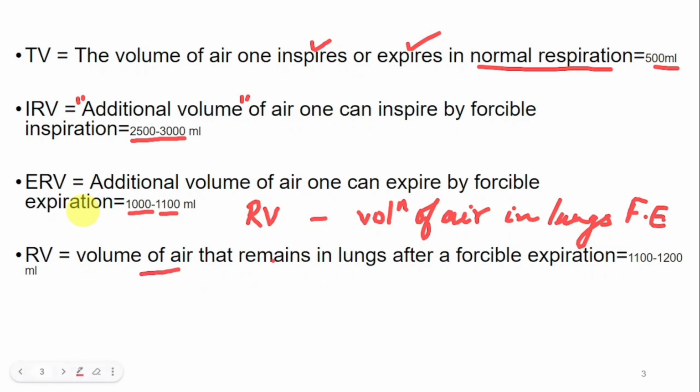Volume of air that remains in lungs after forcible expiration. If you notice, all these are forcible. IRV is forcible inspiration, ERV is forcible expiration, and RV again forcible expiration. But this is the volume that still remains in your lung. And look at the volume, the values are 1100 to 1200 ml.